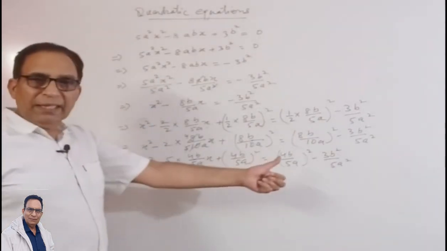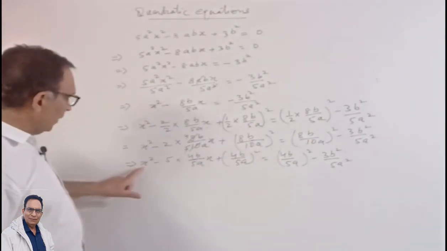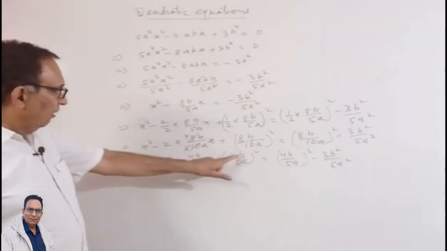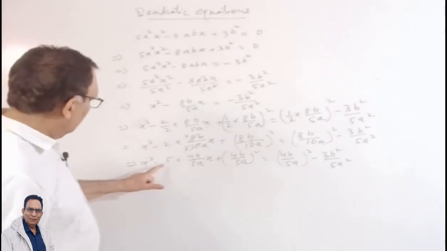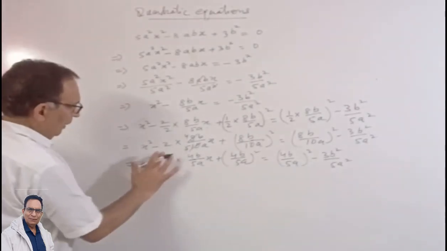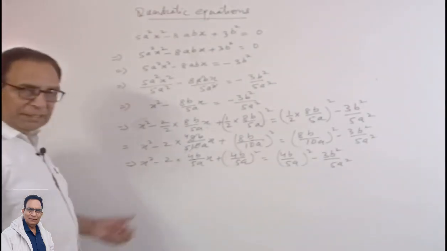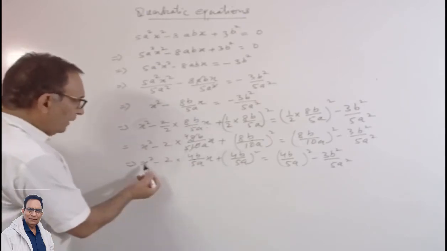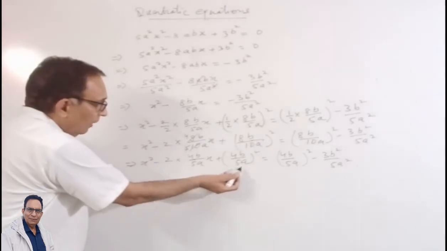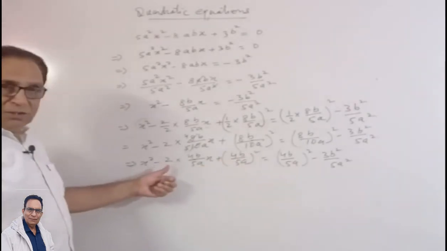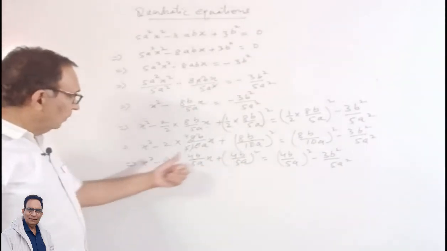This part is okay. Now just see, this is x square plus 4b over 5a square. This is 2. Oh sorry, I have written by mistake 5, it is 2. So x square plus 4b over 5a square minus double of their products.